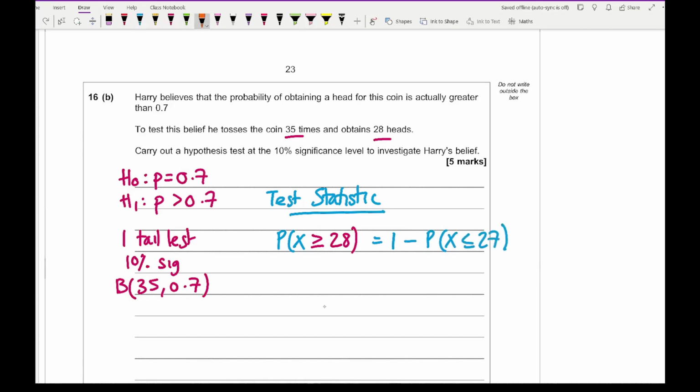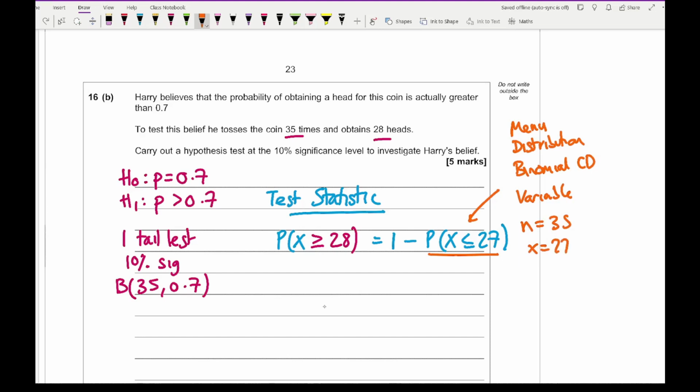So on the calculator, to find this number, I go to menu, distribution, binomial CD, go to variable, and then the parameters are going to be n equals 35, x equals 27, and p equals 0.7.